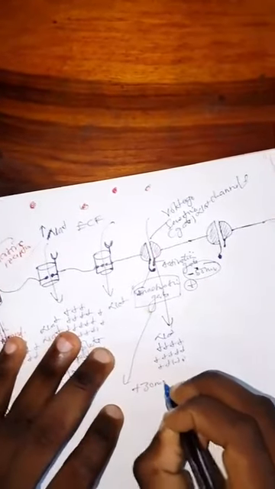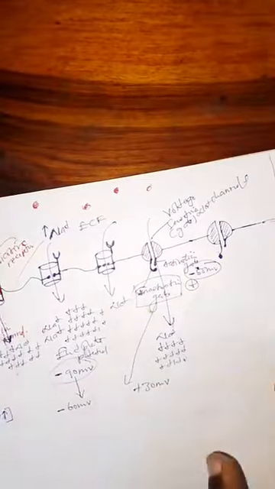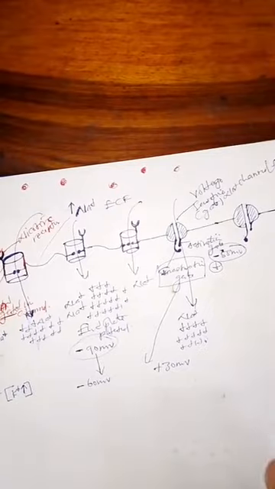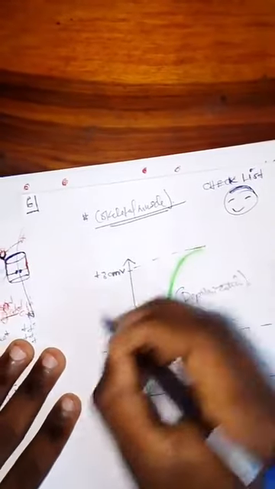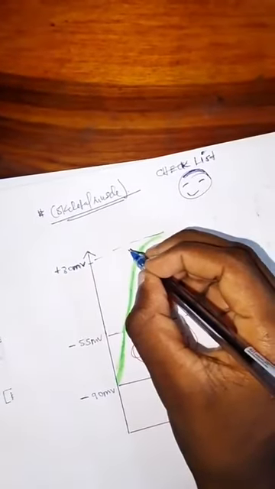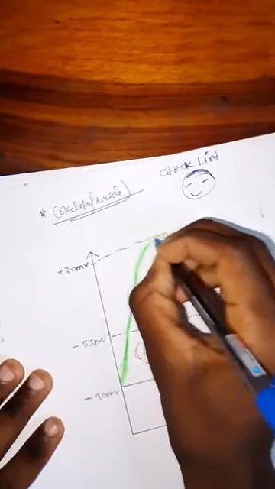There will be no sodium influx at that stage, at positive 30 millivolts.